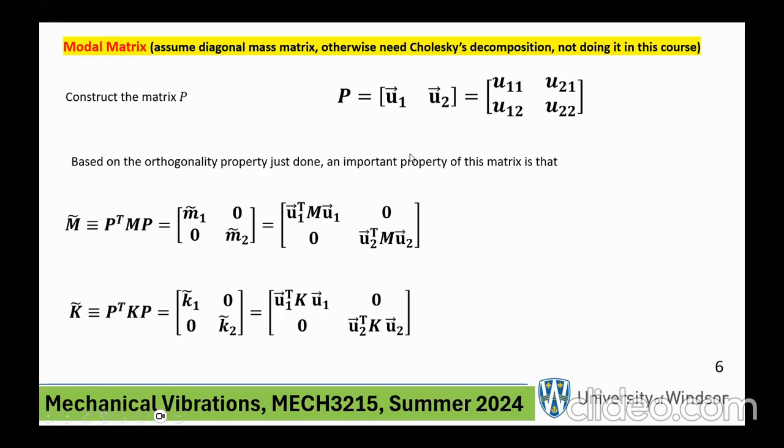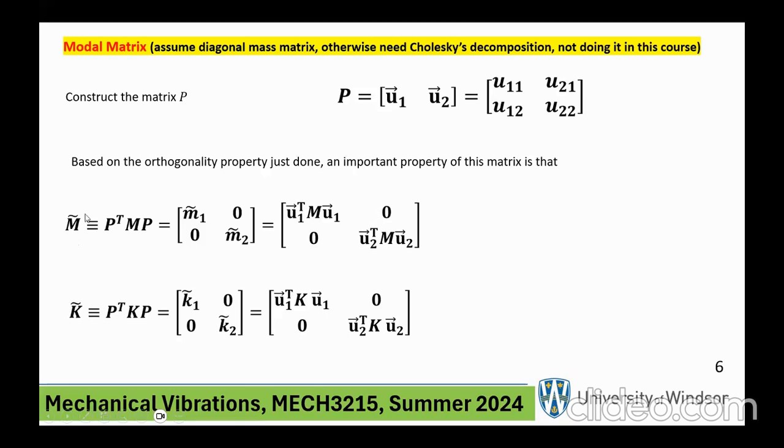And based on orthogonality that I showed a few minutes ago, if you literally write it down, you see that you get a diagonal matrix. On the diagonal, you have U1 transpose MU1 and U2 transpose MU2. Remember, U1 transpose MU2 is 0, and U2 transpose MU1 is 0. So these things are 0. And by the same token, because I indicated that this orthogonality also applies with a K in between the two vectors, if you literally sit down and write this thing out, you're going to get a diagonal matrix.